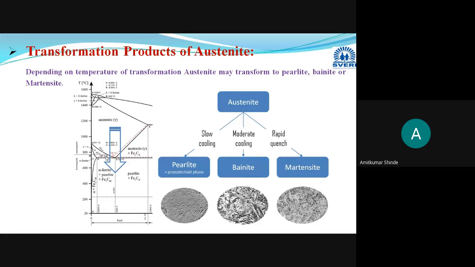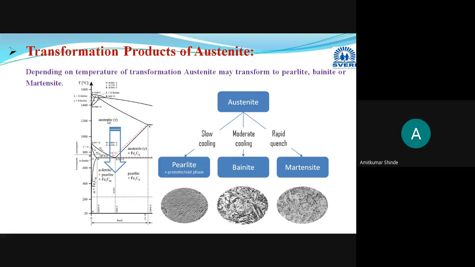We are heating it and obtaining a homogeneous phase with a homogeneous structure, generally the austenite phase. After getting the austenite phase, we hold at that particular temperature, and then we do the cooling.